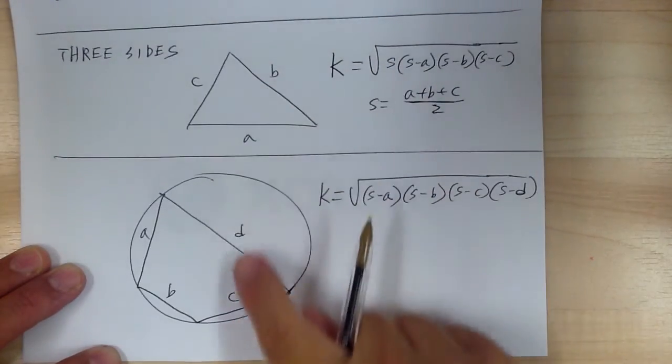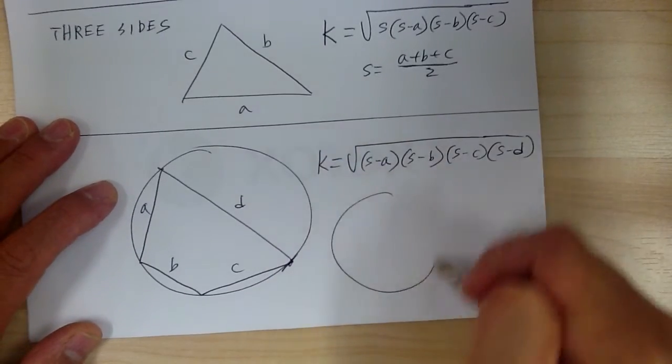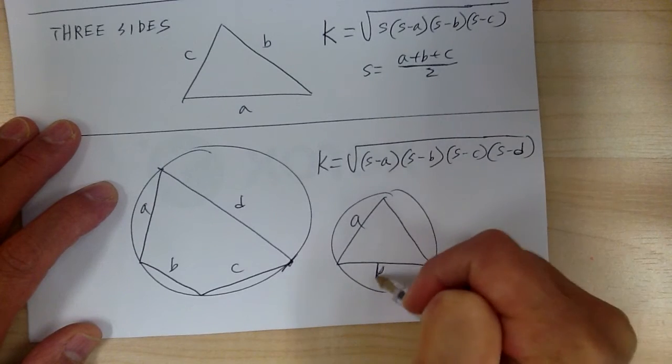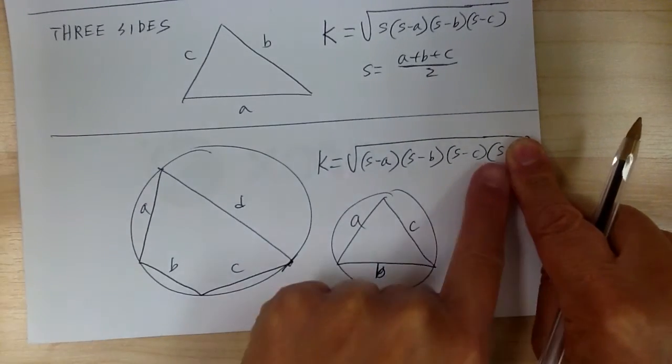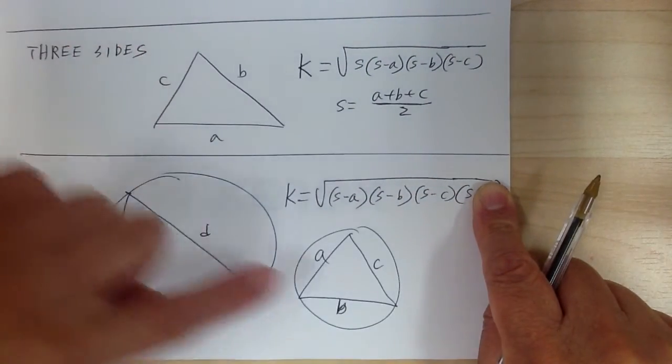So this is a special case of this, because when you have a triangle, D equals 0. So if D equals 0, what do you get? Just S, right? So that's where this came from. See that? So this is a special case of this.